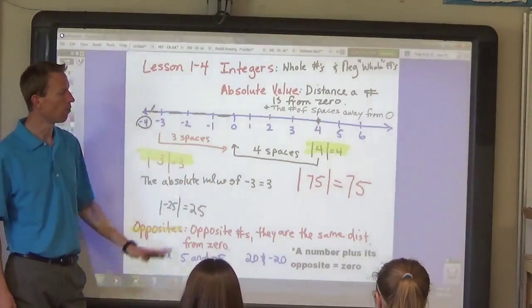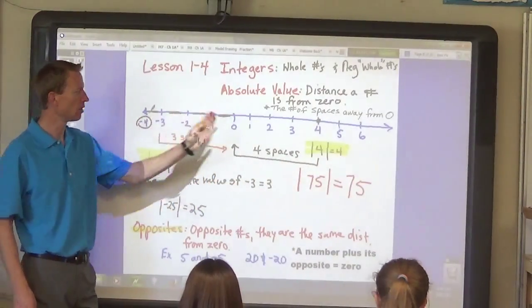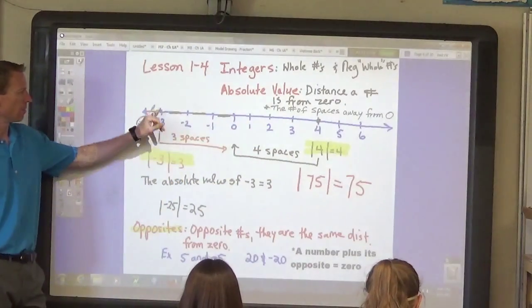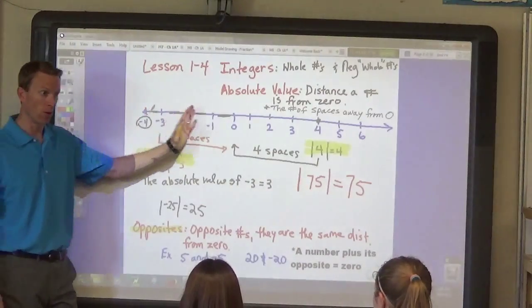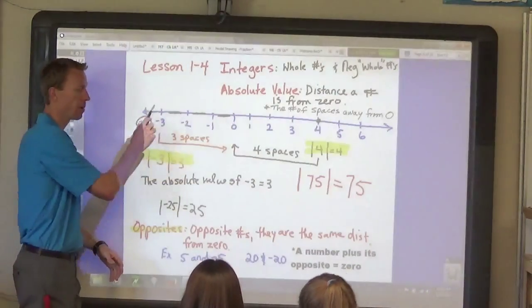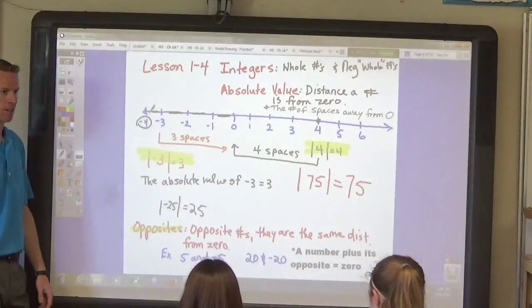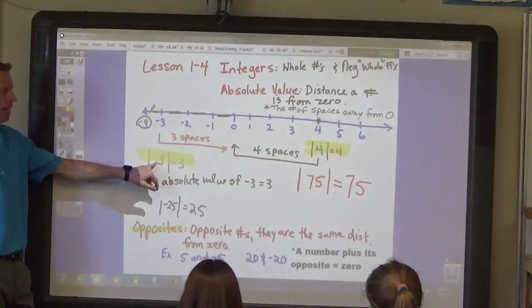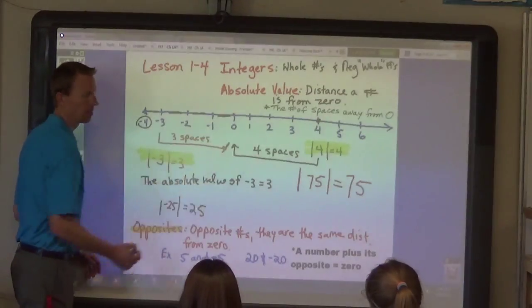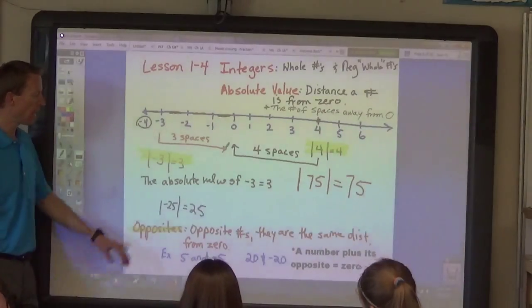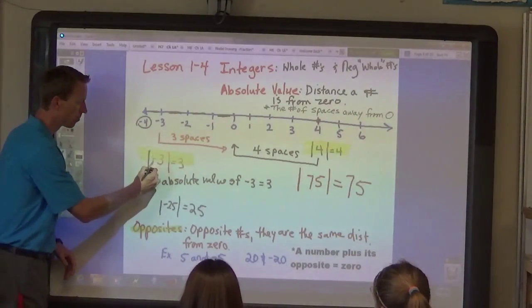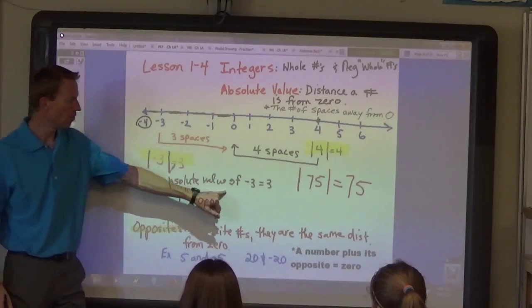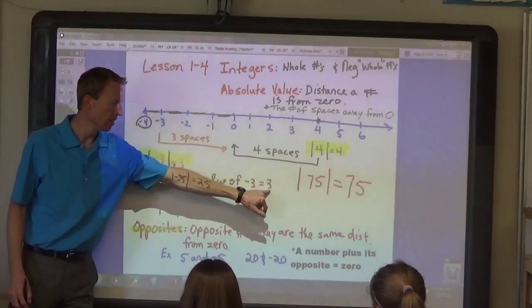The absolute value of negative 4 is also 4, because this is also 4 spaces. The absolute value of negative 3 is 3 spaces. Written in these absolute value bars, the absolute value of negative 3 is 3.